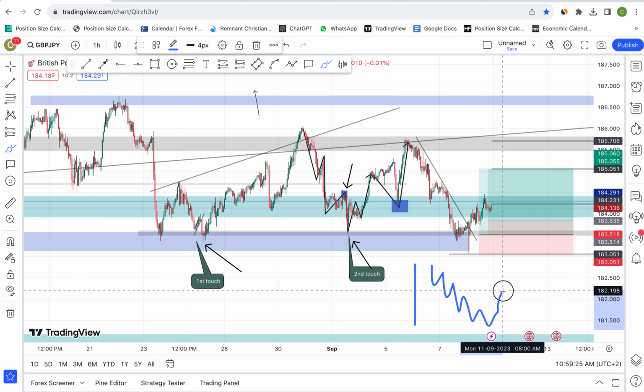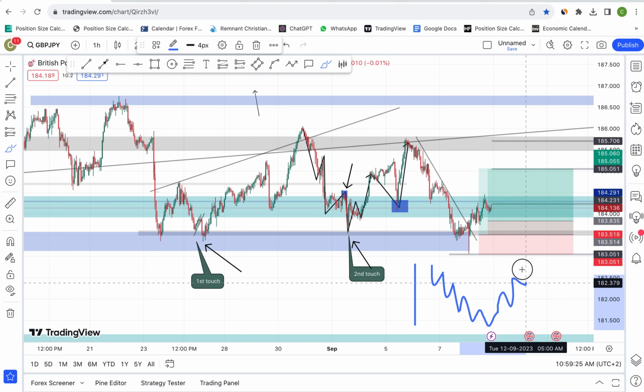After this break, you experience a retest on the last trend, before it starts creating a new pattern, giving you a higher high and a higher low, again and again.